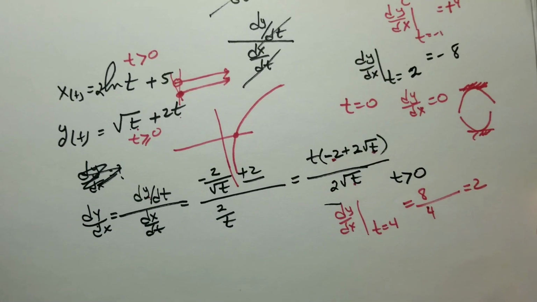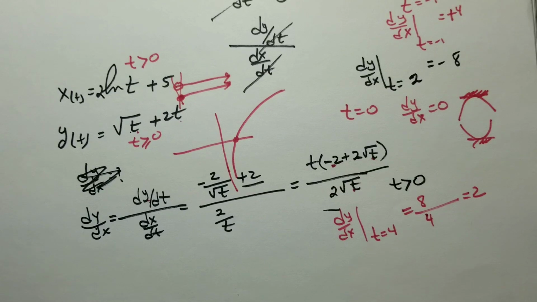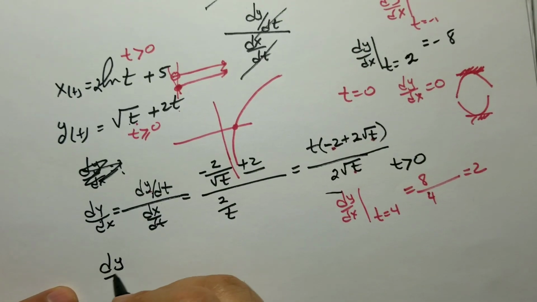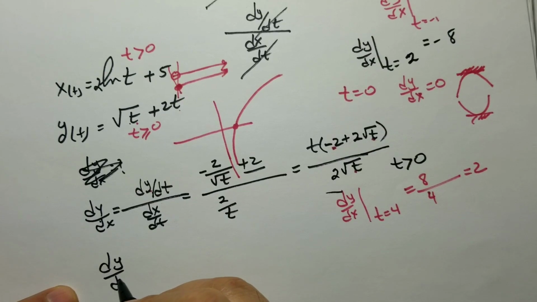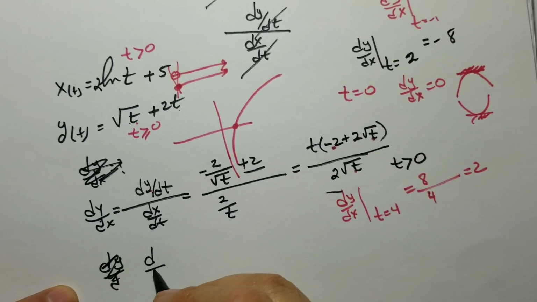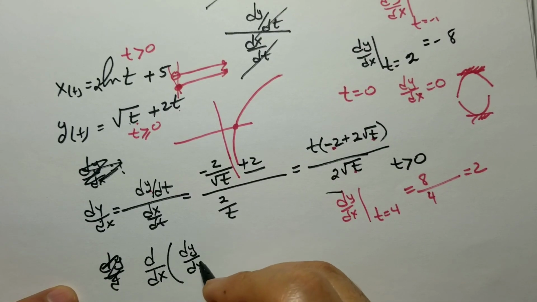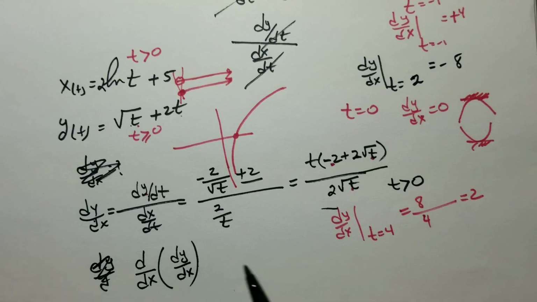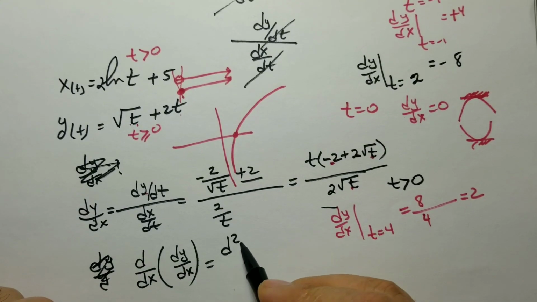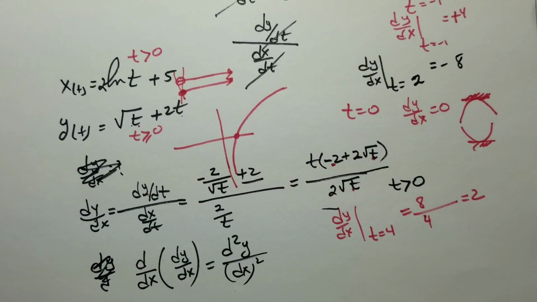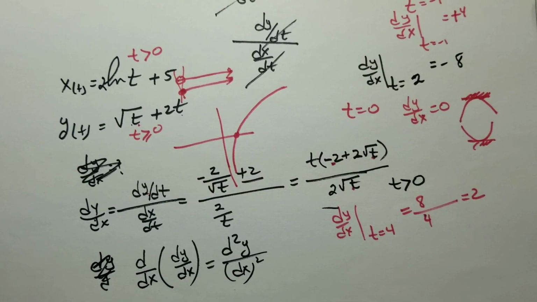Then somebody is going to say, okay, what is my second derivative? It is the derivative of the first derivative, which is d squared y over dx squared. Okay.